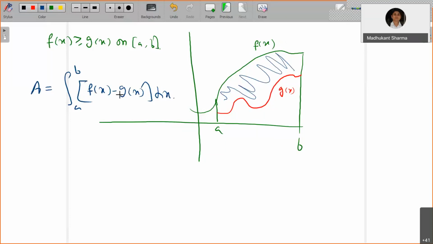Sometimes it may be complicated. Sometimes some part is above and some part is lower.